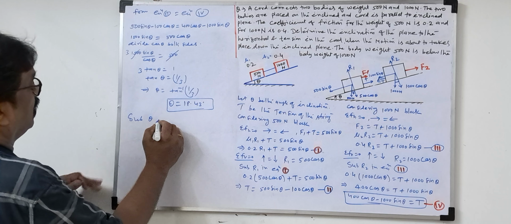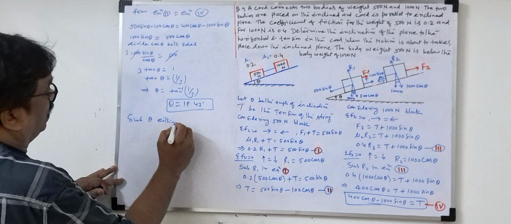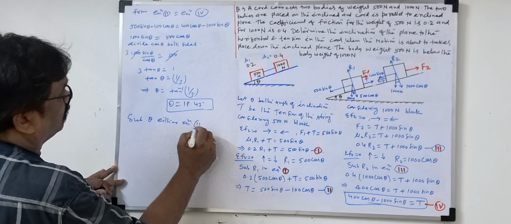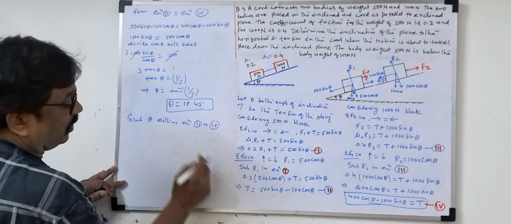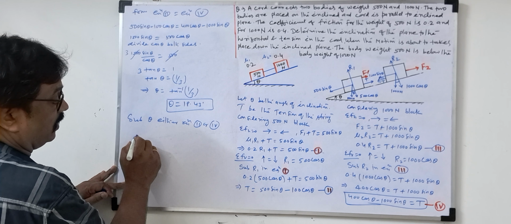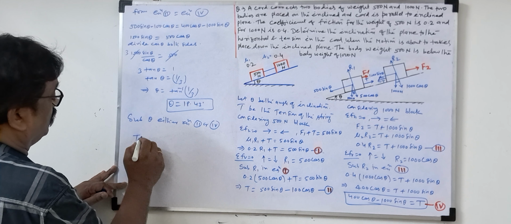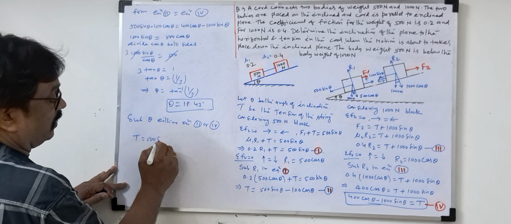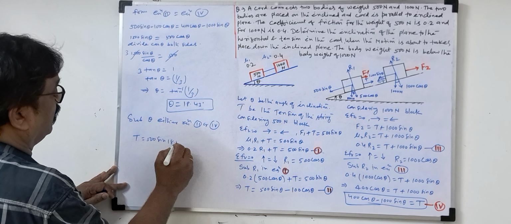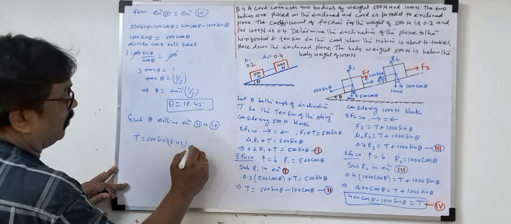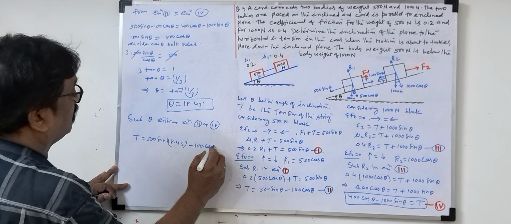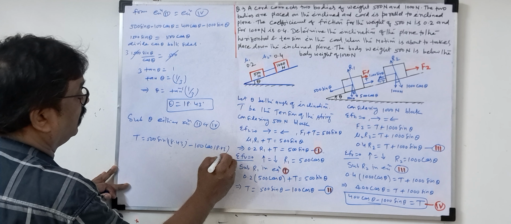Now substitute theta in either equation 2 or equation 4. Substituting, T is equal to 500 sine 18.43 minus 100 cos 18.43.